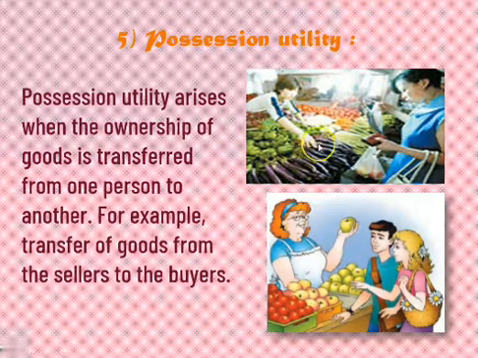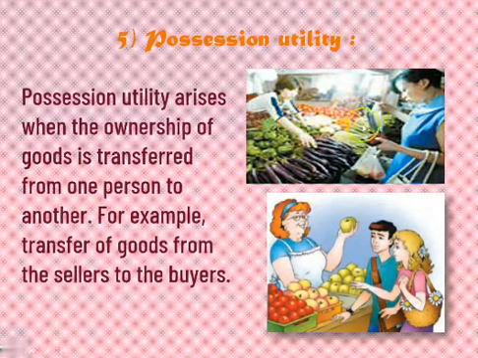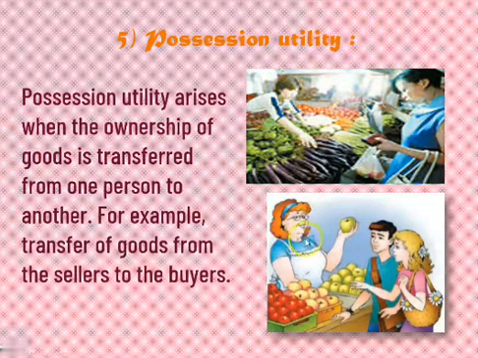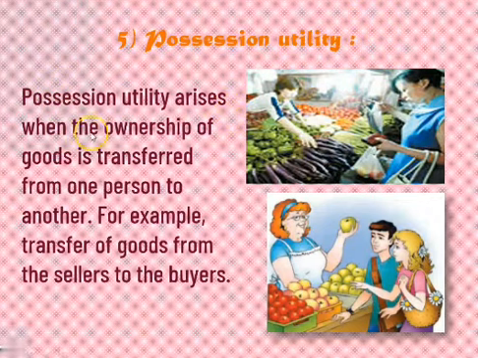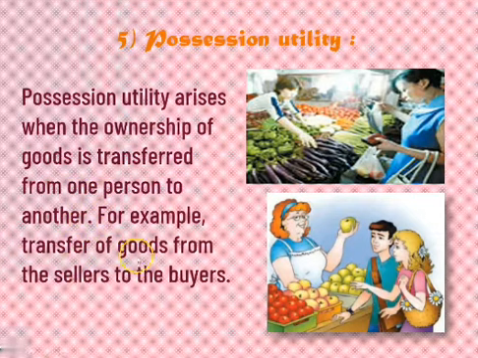But as soon as the customer buys the product, the ownership transfers from the seller to the buyer. So this is called possession utility. Possession utility arises when the ownership of goods is transferred from one person to another, for example, transfer of goods from seller to buyer.